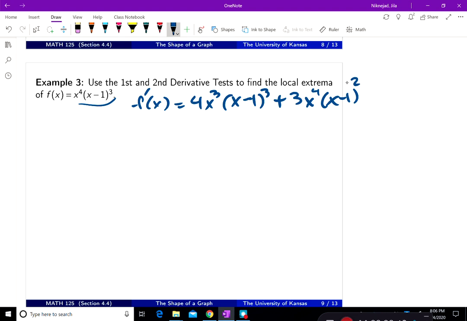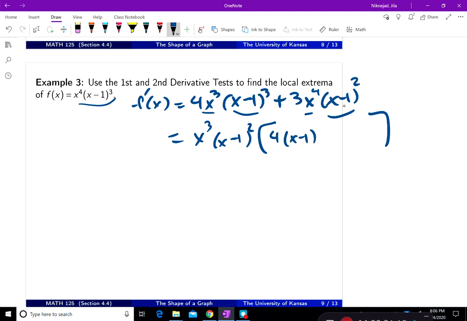For either of the tests, I will need critical numbers. So let's try to find the critical numbers. And how do I do that? I factor. The common factor between the terms is x to the power 3, and (x minus 1) to the power 2. What is left of the first one is 4 times (x minus 1).